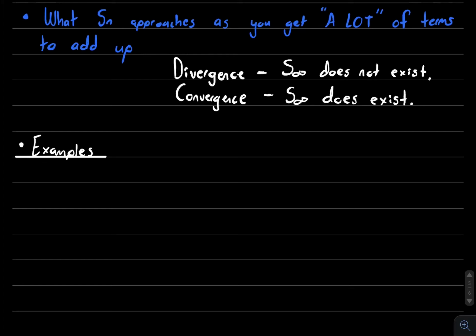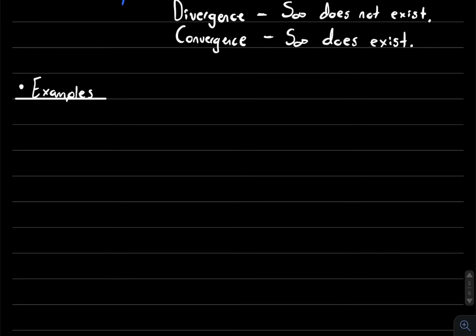That's when the series is convergent. So convergence just means that the sum to infinity does exist and it's equal to some number. Okay? So let's look at some examples. We're looking at geometric series now.